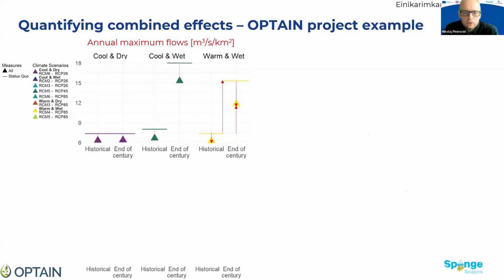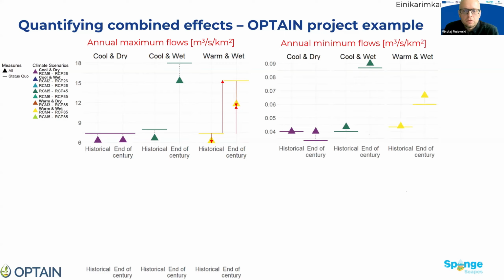And finally, the fourth arrow compares the future conditions with measures to the baseline conditions. So the interpretation in this case is not very positive because the negative effect of climate change exceeds the positive effect of measures.